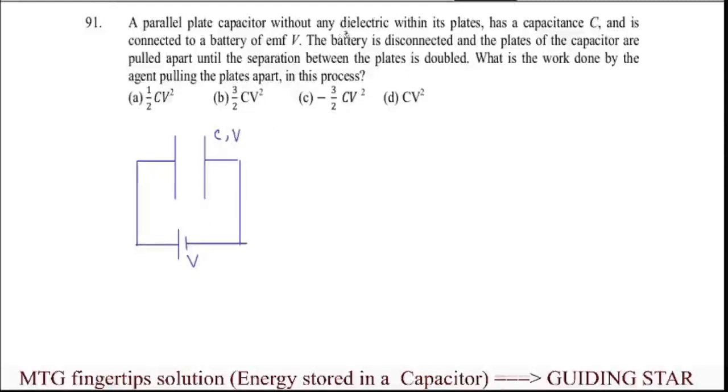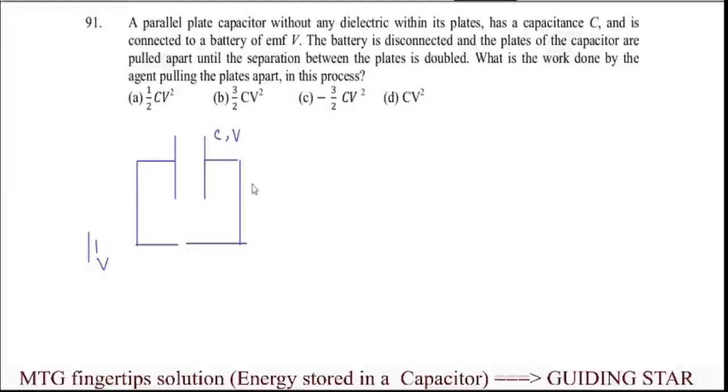that means V. The battery is disconnected and the plates of the capacitor are pulled apart. So in this particular case, this battery is disconnected, so we are disconnecting the battery from here. Clear? And right after that, the capacitor plates are pulled apart until the separation between the plates is double.